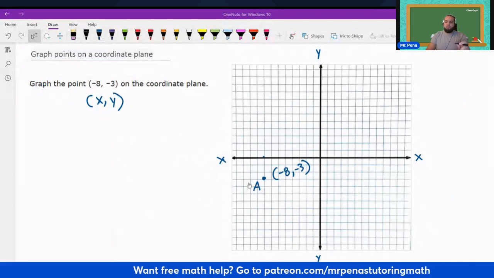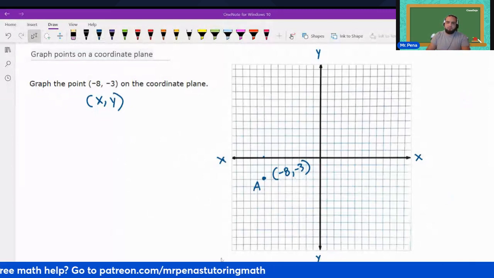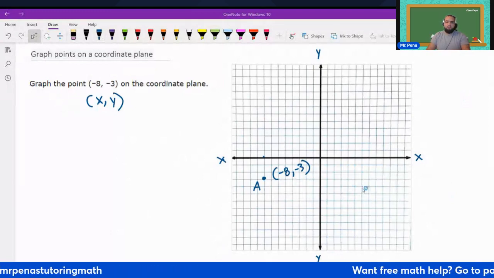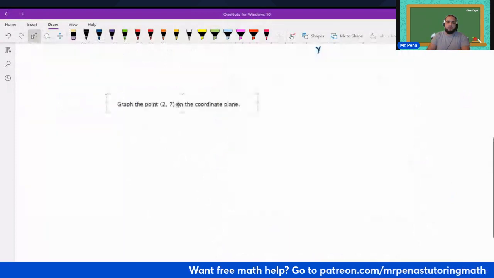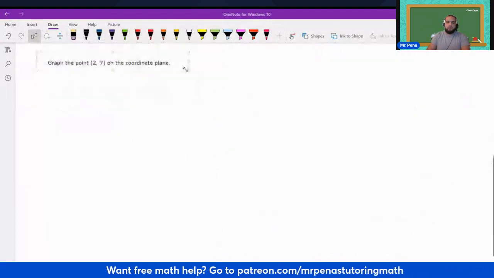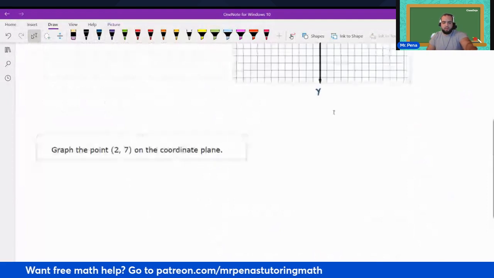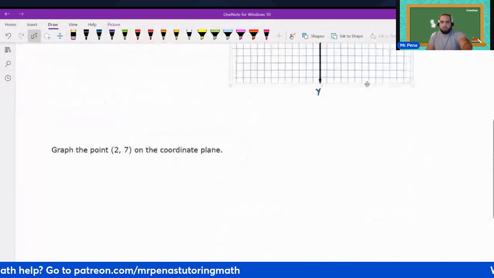Graph the point 2 and 7. 2 and 7. Right there. We're going to enlarge this a little bit, and I'm going to borrow my coordinate plane from earlier.